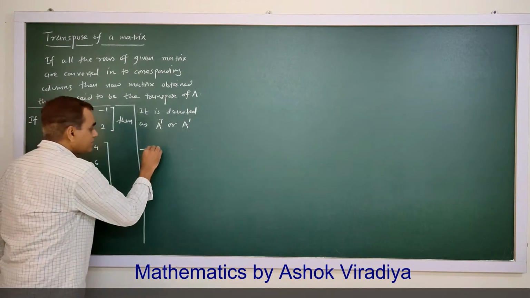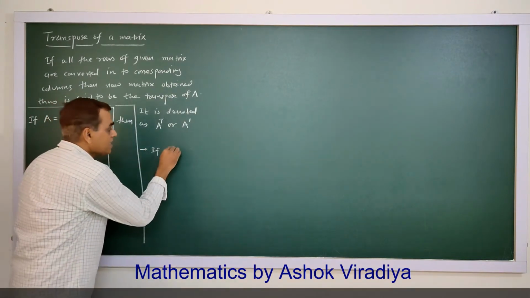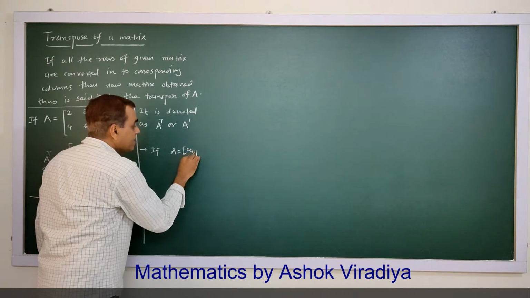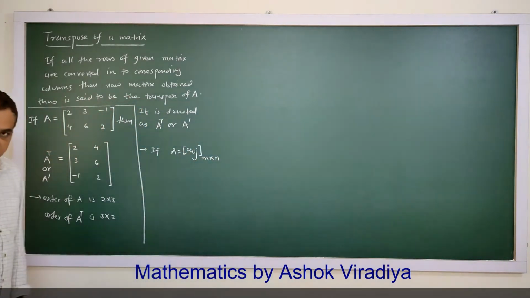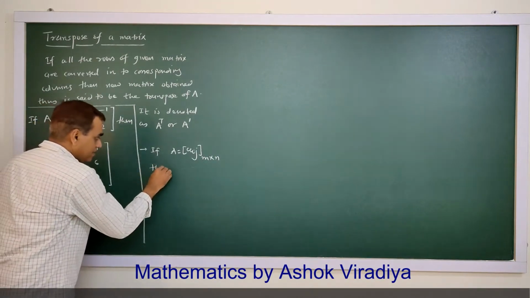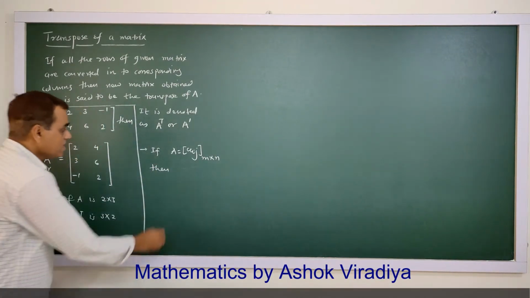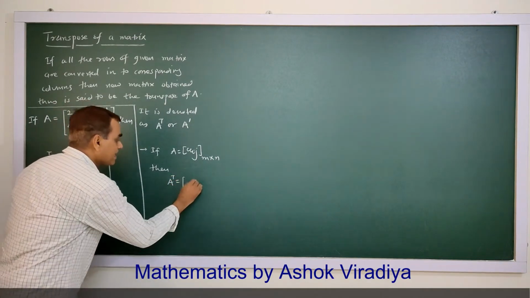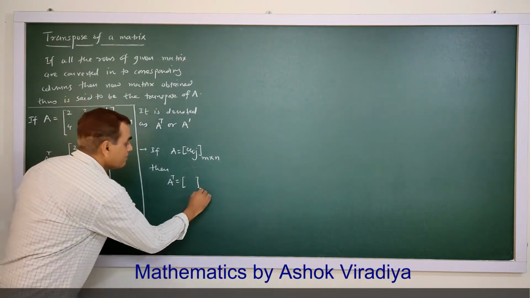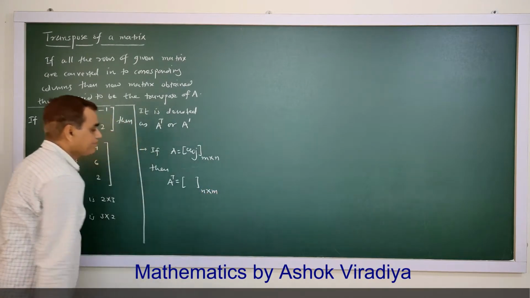So if A is a matrix Aij of order m by n, then A transpose will be a matrix whose order will be n by m.